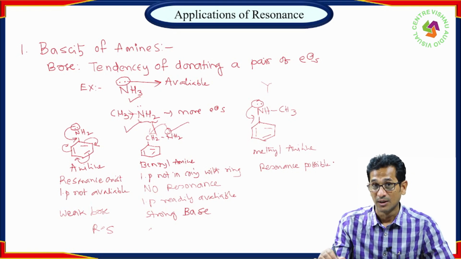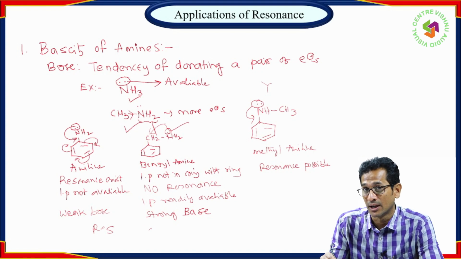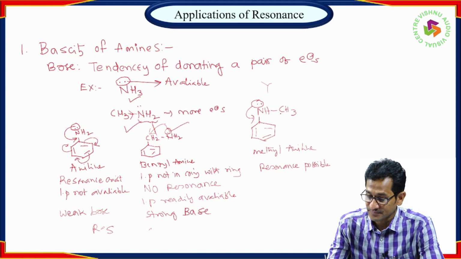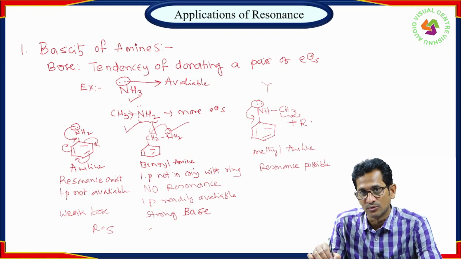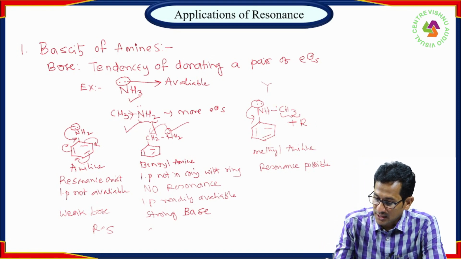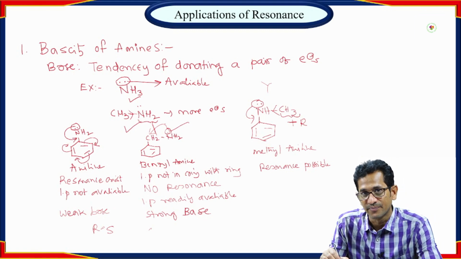Resonance is possible. But additionally, it has one advantage over aniline: the methyl group. The methyl group is a positive resonance effect group, which means the methyl donates electrons towards the nitrogen.